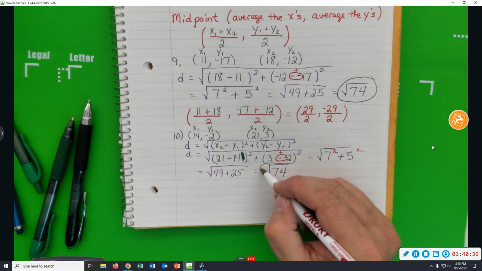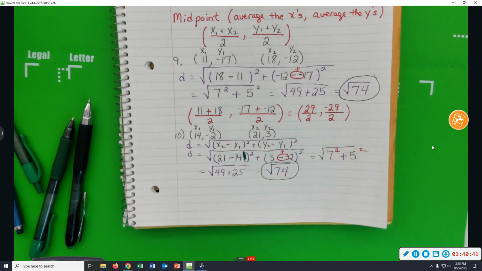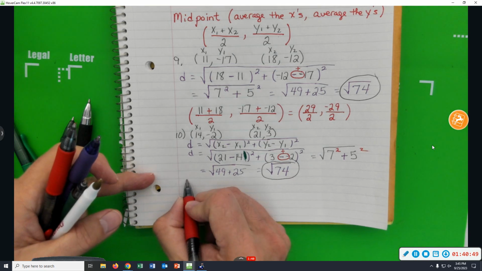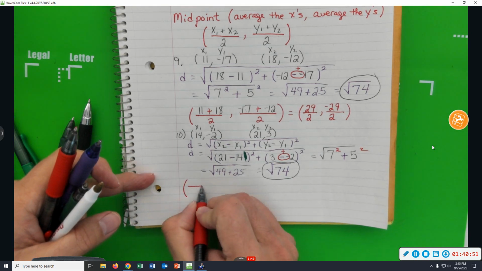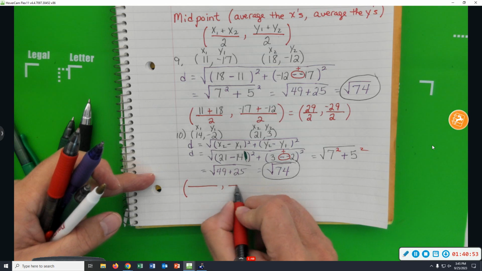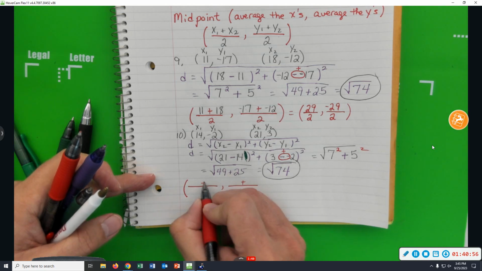But surely we'll get a different answer for the midpoint. So you average the x coordinates, you average the y coordinates.